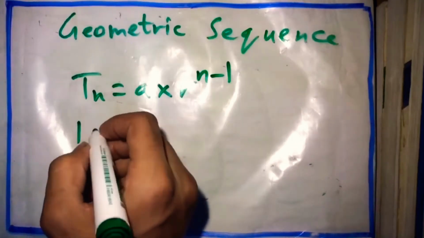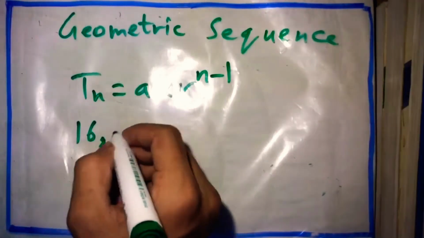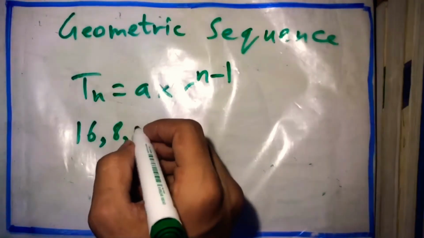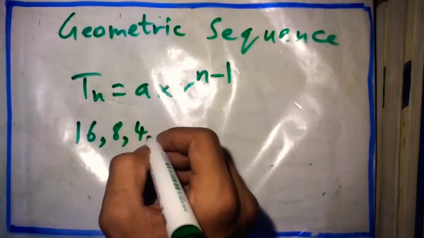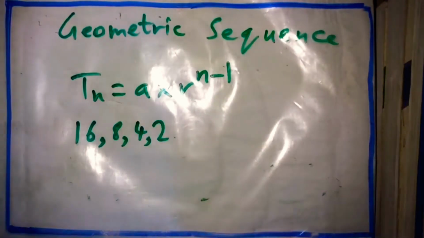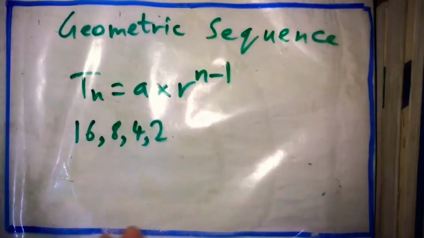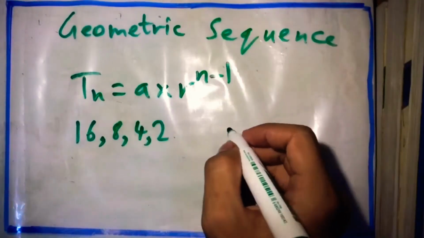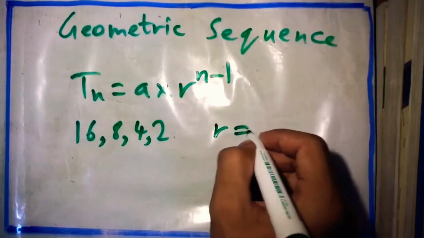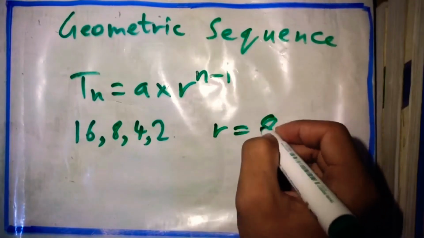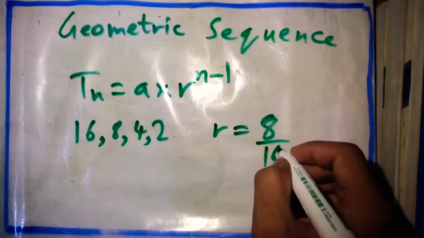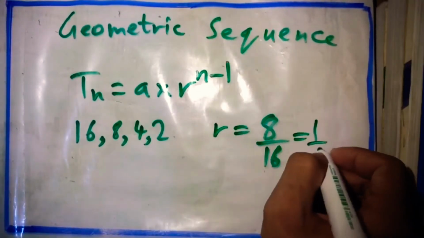For example, a geometric sequence would be 16, 8, 4, 2. Here, to find the common ratio, we will divide a term by its preceding term. So r equals 8 upon 16, that is 1 upon 2.